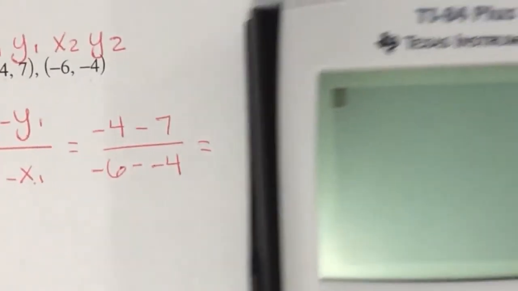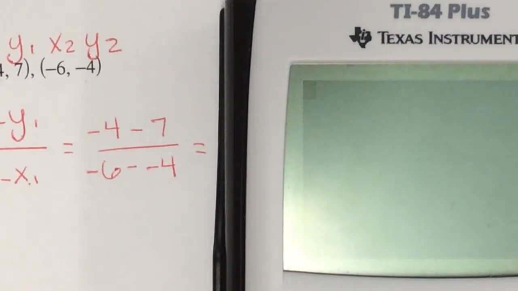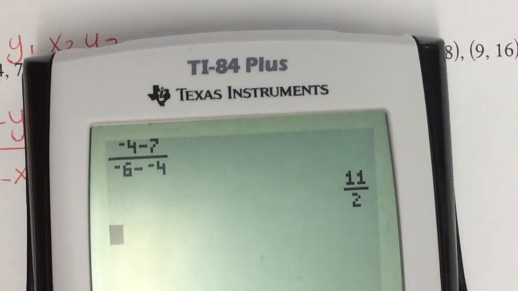Okay, and go ahead and put that in your calculator. Alpha y equals enter. -4 minus 7. -6 minus -4. Hit enter, and you get 11/2.